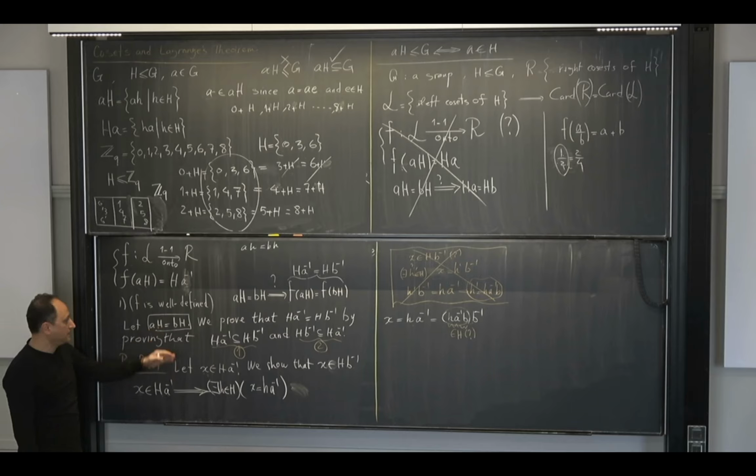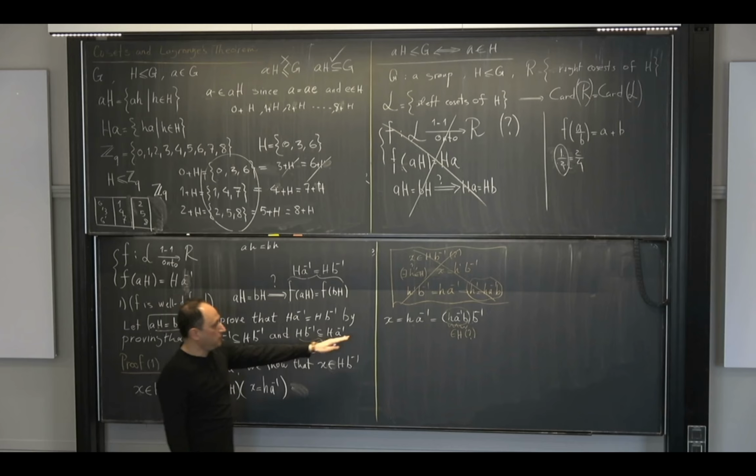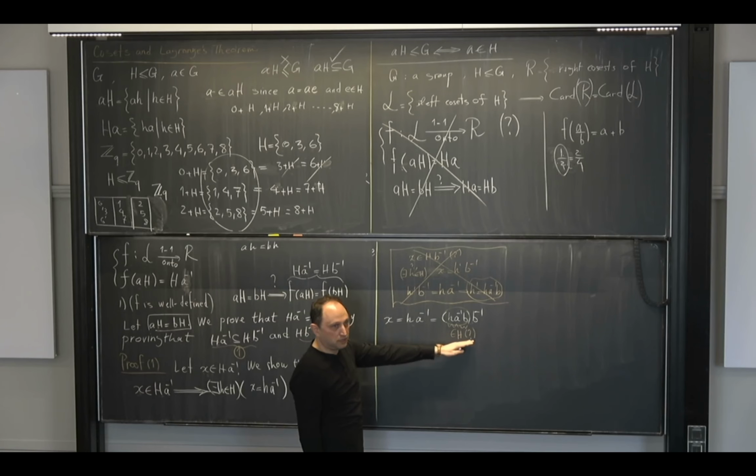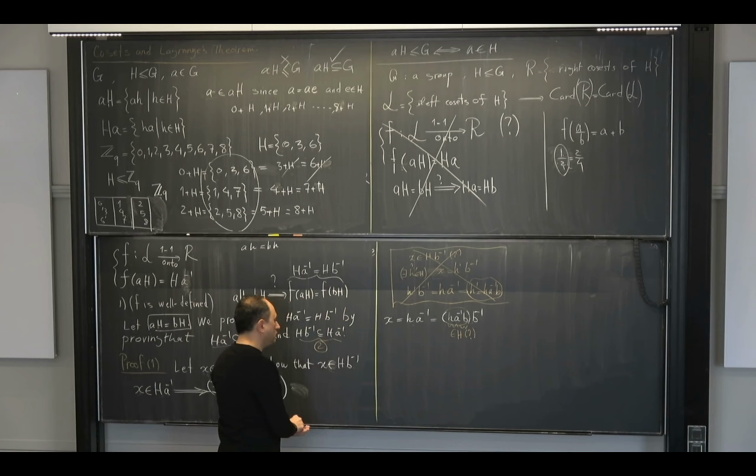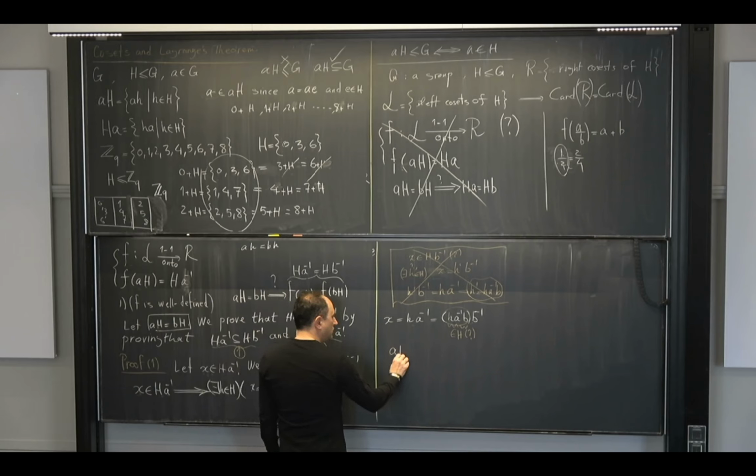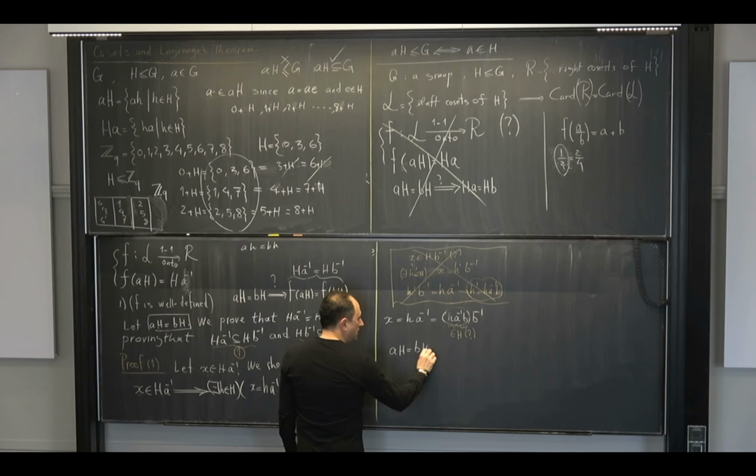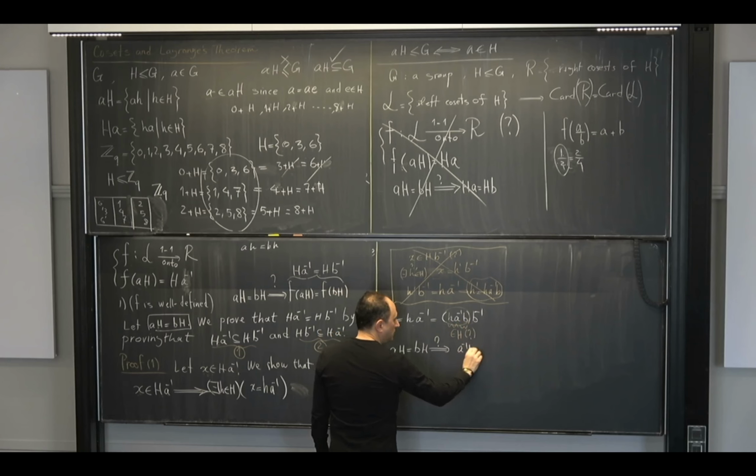Because you see that I haven't used my assumption yet. I have only started from what I want to show, and I was able to go up to here. My goal is to show that if AH is equal to BH, then A inverse B belongs to H.